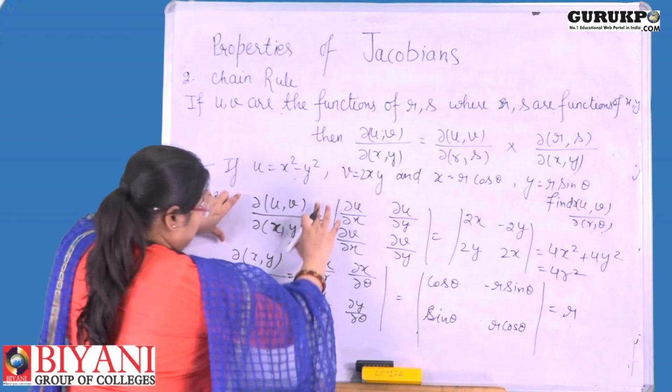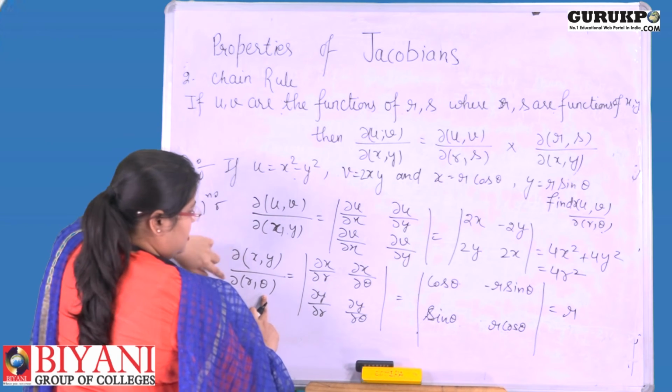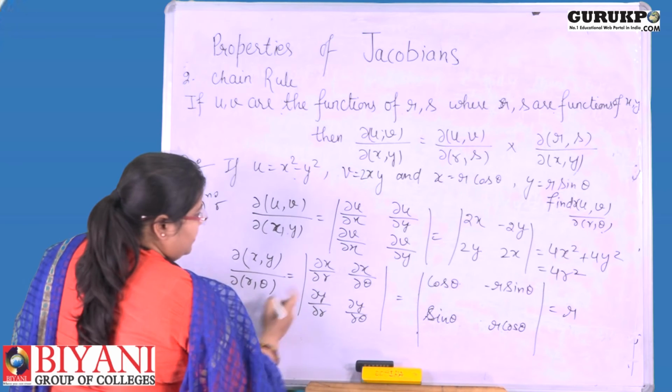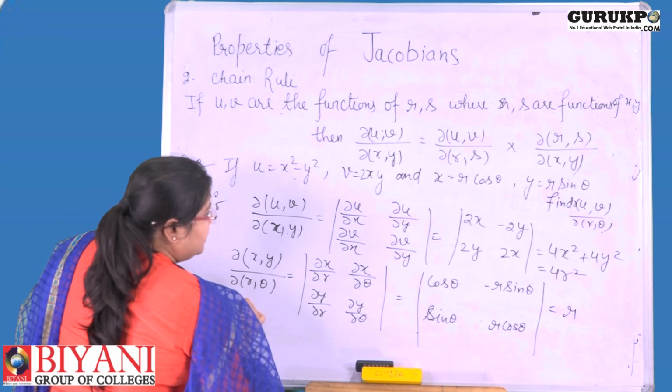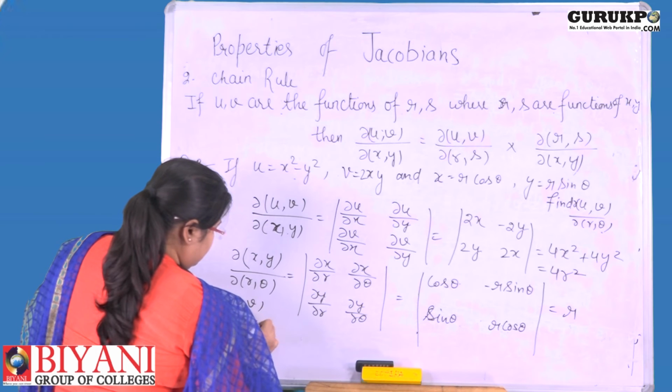Now we have to find the value of the Jacobian of u, v with respect to r, theta. By the same chain rule we will get del u, v upon del r, theta.